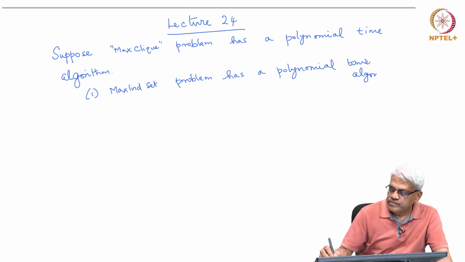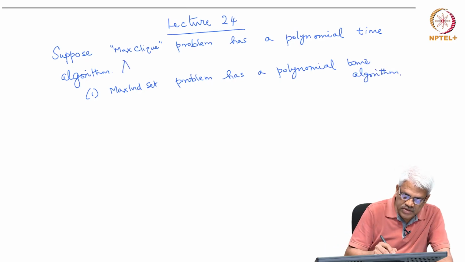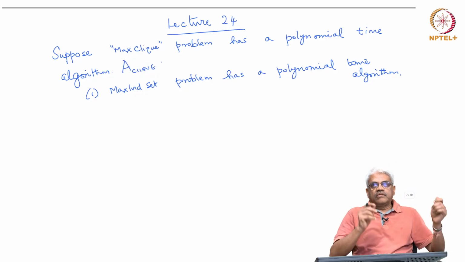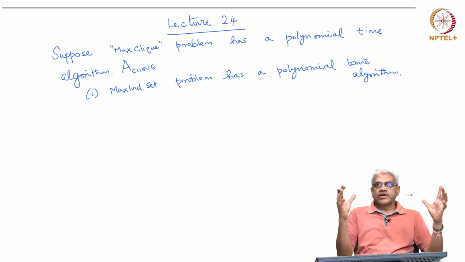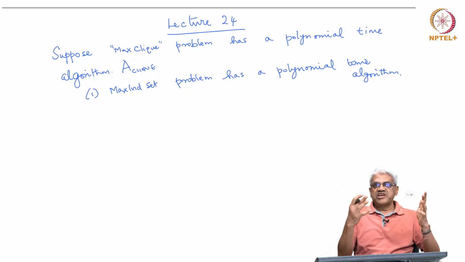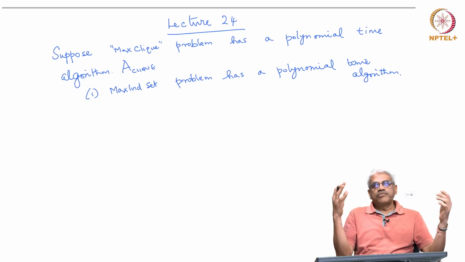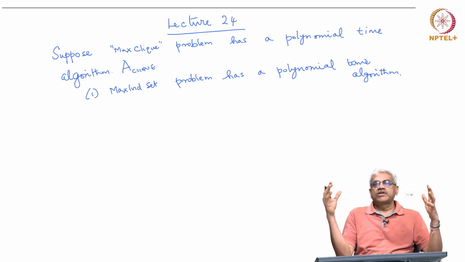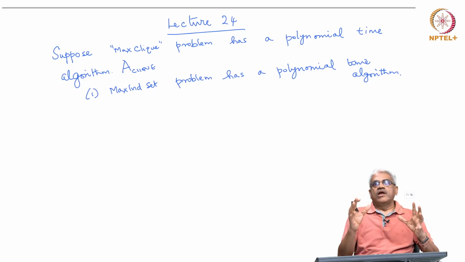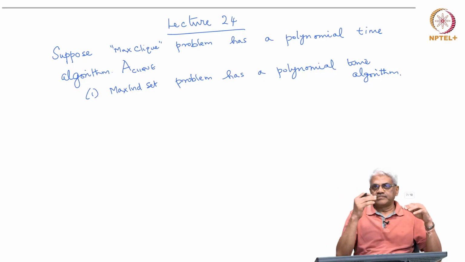Let us call this algorithm A for CLIQUE: an algorithm which takes as input a graph and takes n squared, n cubed, n to the power 4, some n to the power constant time, and comes back and says, here is the maximum clique.